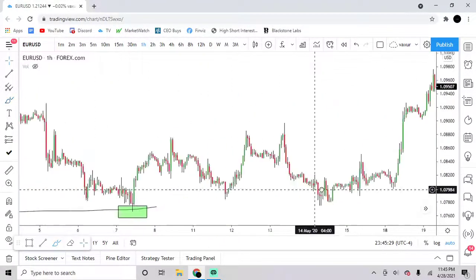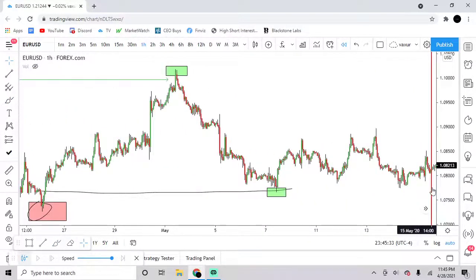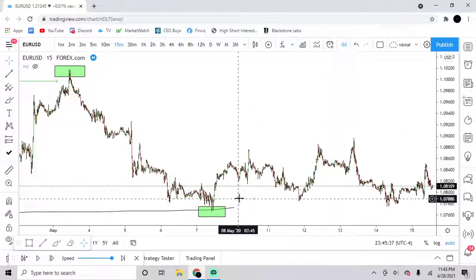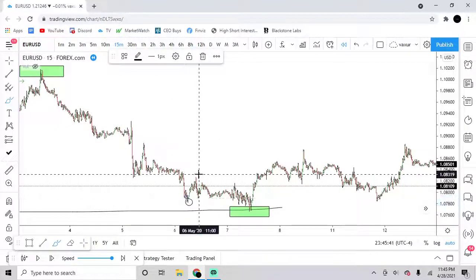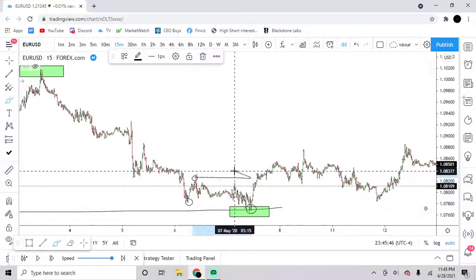So you then would zoom in and you'd see that this in here is your minor structure.